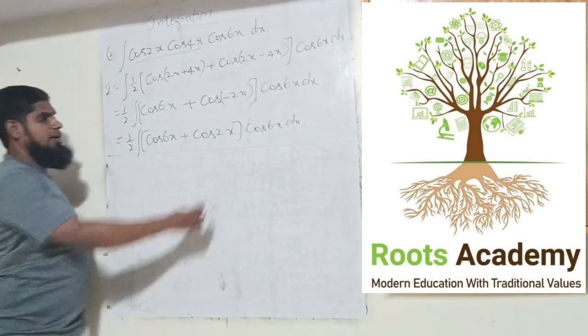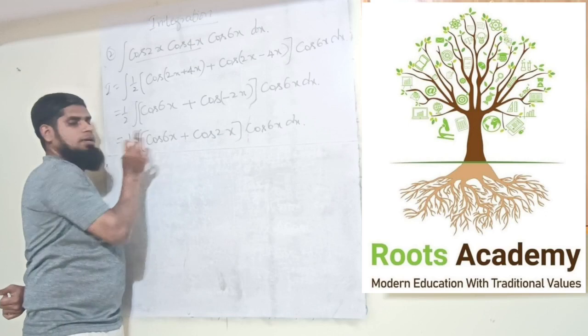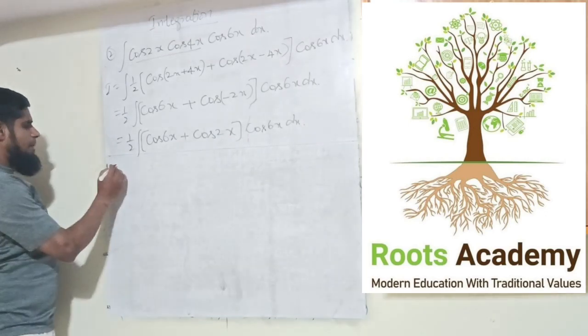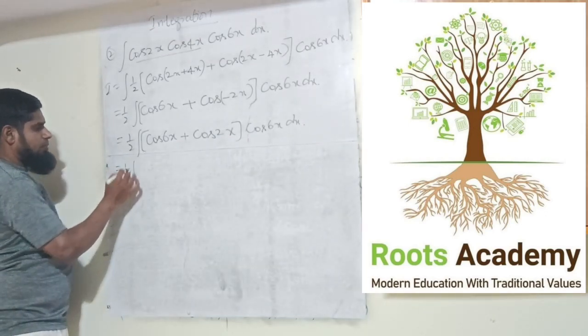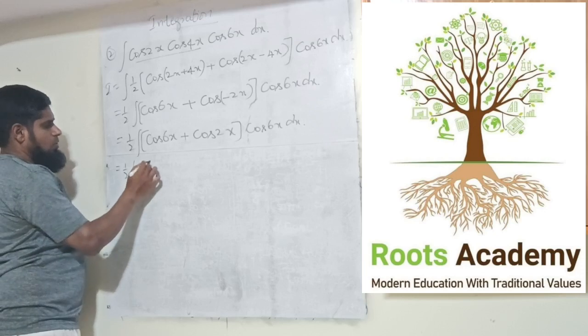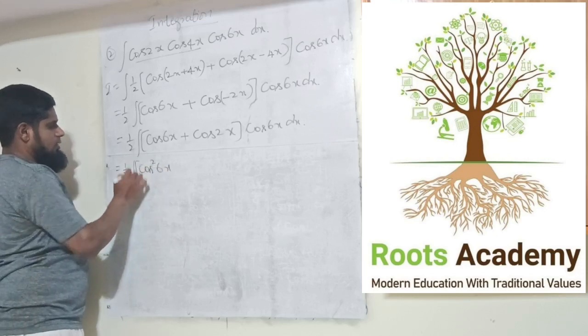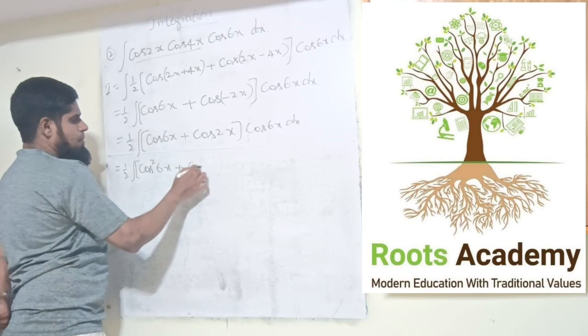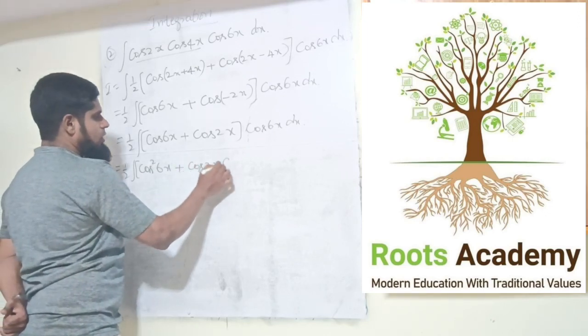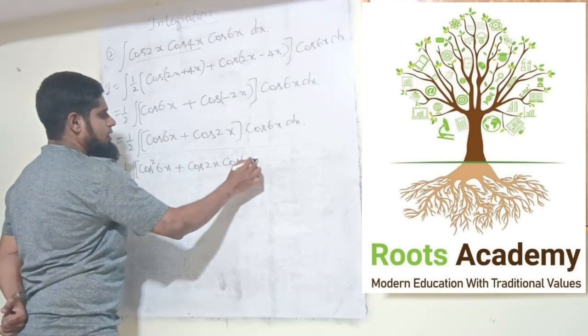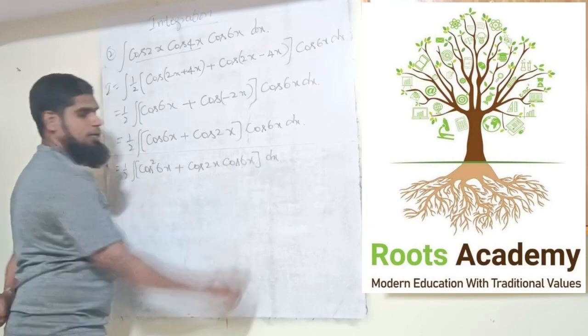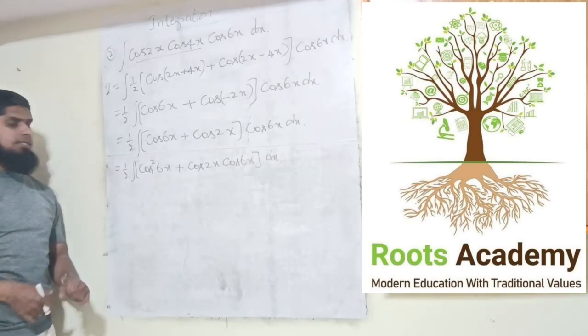Now I'll multiply this cos 6x to these two terms. Then 1 by 2 integral of cos square 6x plus cos 2x into cos 6x dx. Yes, it is like this.